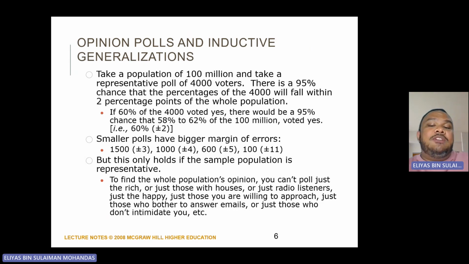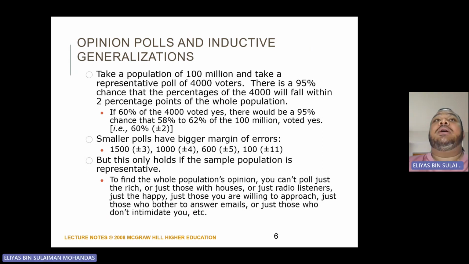But this only holds if the sample population is representative. That means to find the whole population's opinion, you can't just poll the rich or those with houses or those with radio because they listen, or people who are happy. Tak boleh lah, because it has to be representative. Representative means that it represents the whole population.